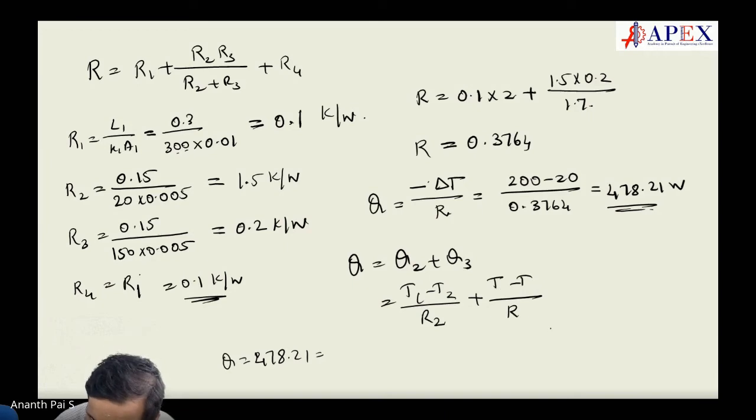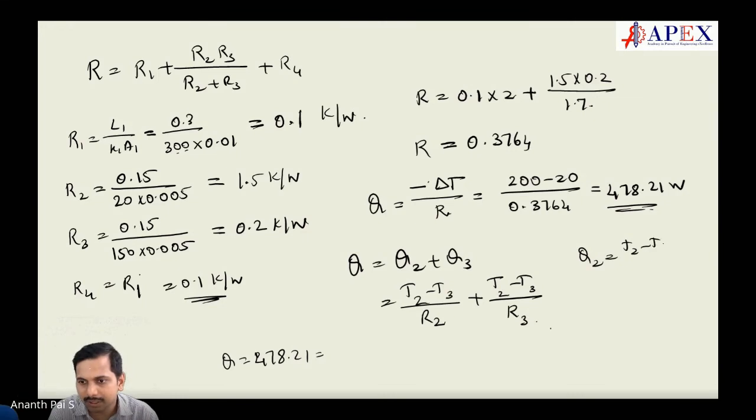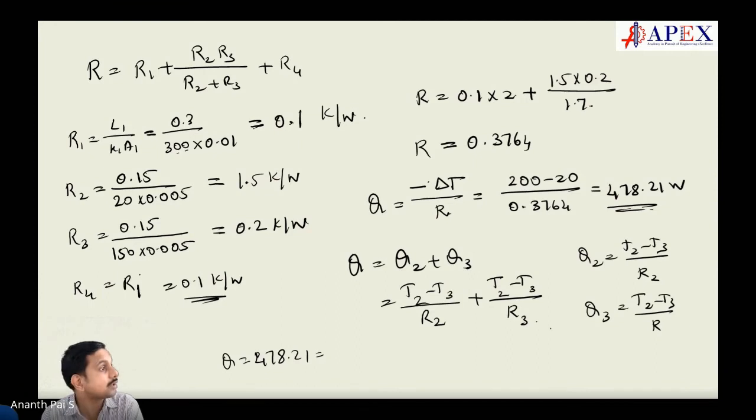Sorry, this is T3 minus T2 divided by R3, or T2 minus T3. We want Q2 by Q3, right? So we need not find this one. Q2 is T2 minus T3 divided by R2, and Q3 is the same with R3.